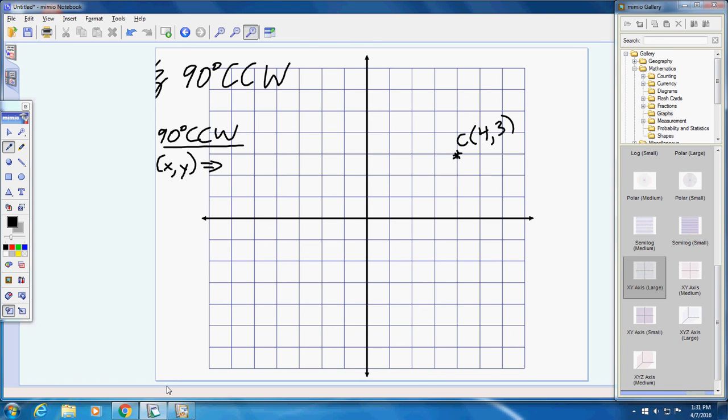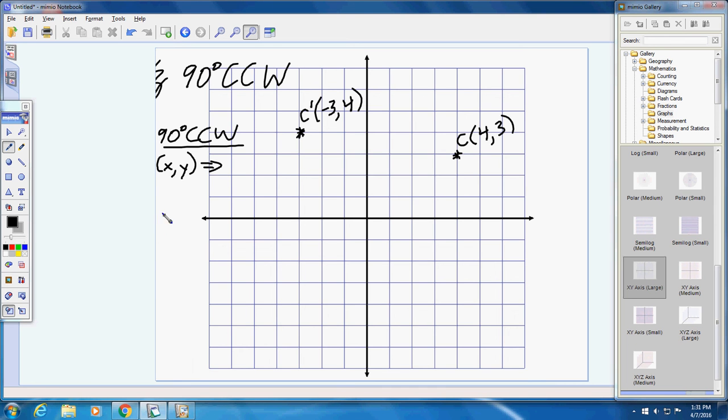What do you find your points at now? What'd you get? -3, +4. So C prime. So do you notice the difference between our first cheater ordered pair and our second one?